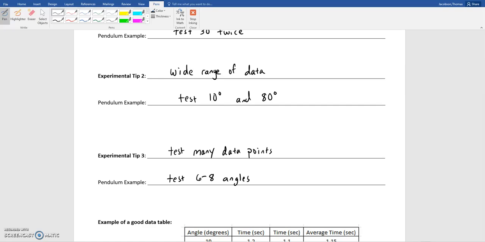It means doing 6 to 8 angles, 6 to 8 lengths, or 6 to 8 masses. Because if you're only testing 2 or 3, you're really not going to be able to tell if there is a trend or not. And in class, you usually should have enough time to get a minimum of 6, what we would call independent variables, or 6 tests for whatever you're testing.